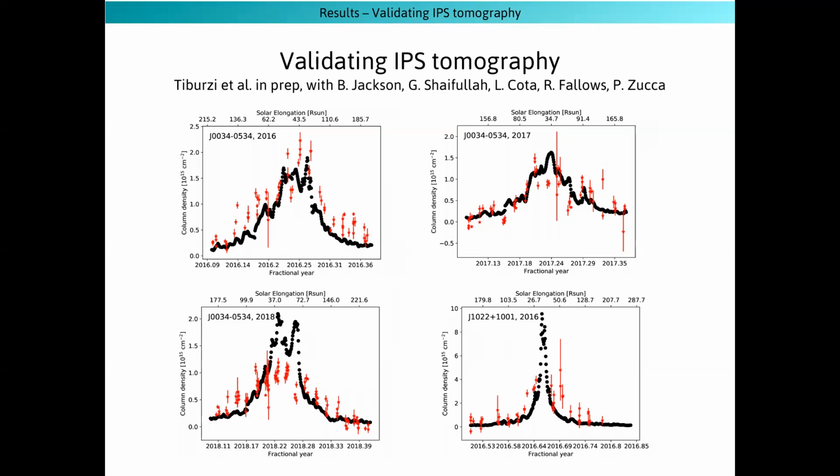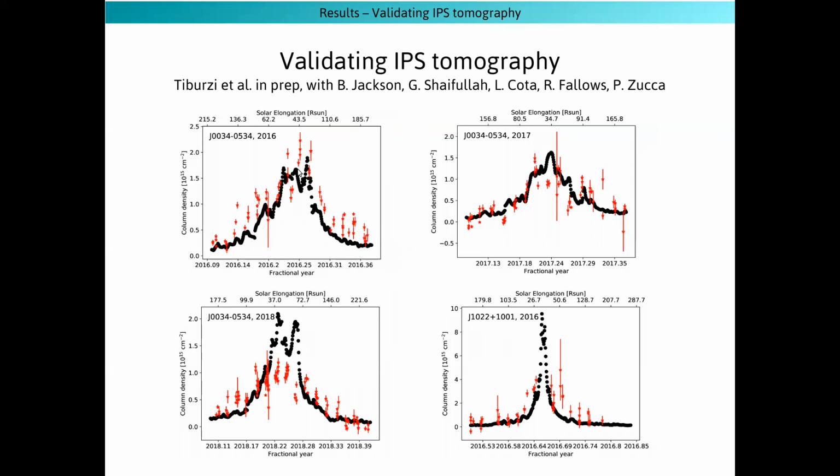In the reconstructed volumes, we are piercing the reconstructed volumes with the line of sight towards our pulsars, and we are integrating along the line of sight in these simulated volumes to obtain the column density that is exactly our DM, and we are comparing it with our DMs.